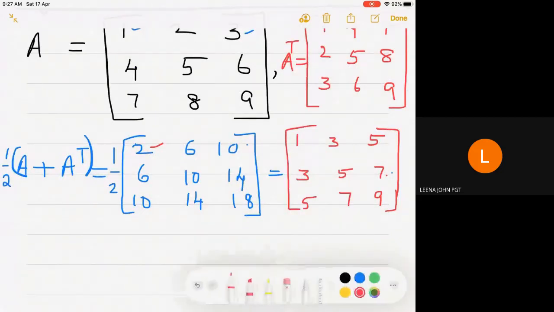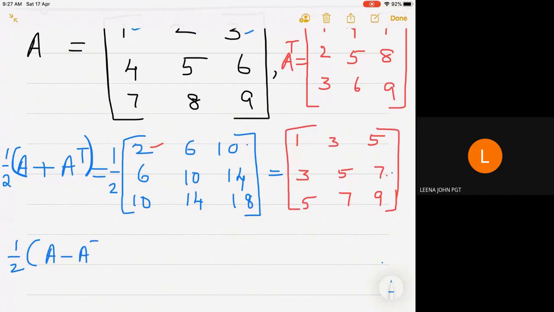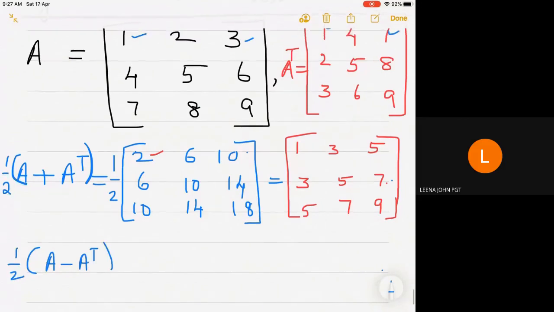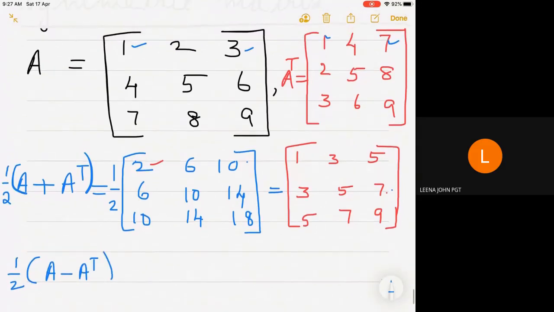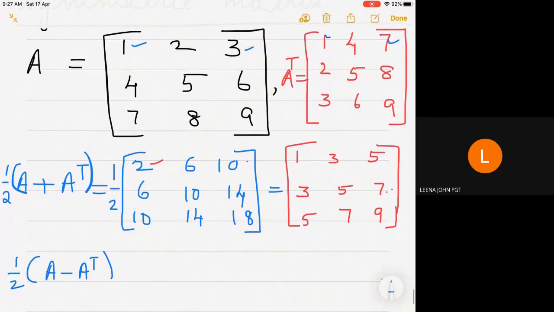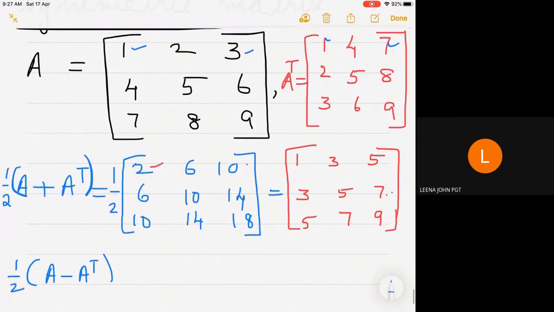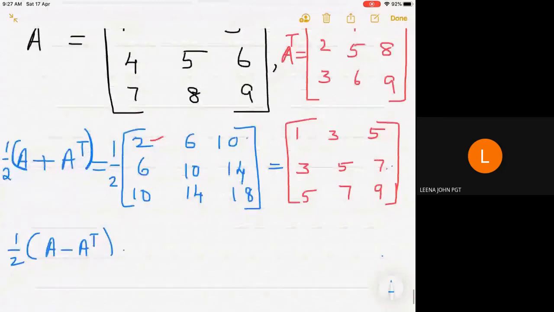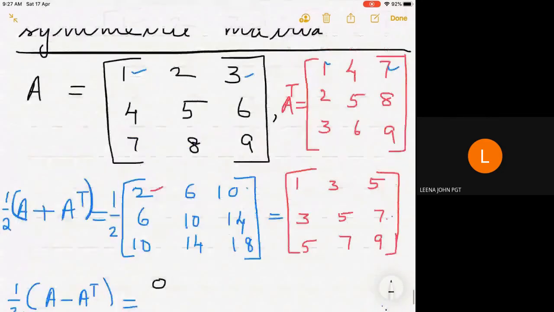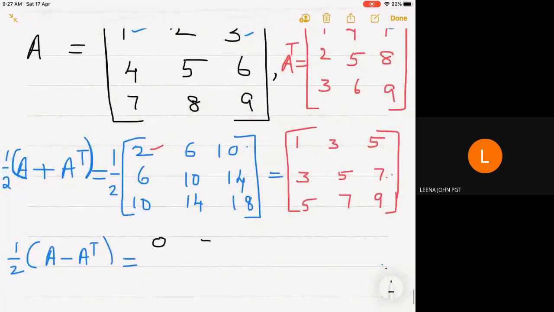Next, you need to find half of A minus A transpose. That means for these matrices which you have written, you have to do the subtraction, subtracting the corresponding elements. So we get 1 minus 1, which is equal to 0. Then 2 minus 4, minus 2.